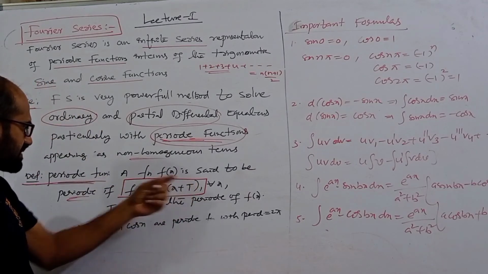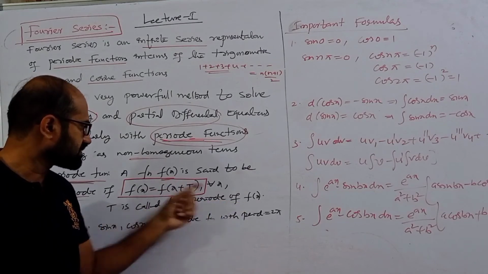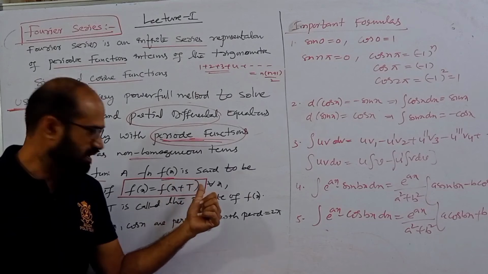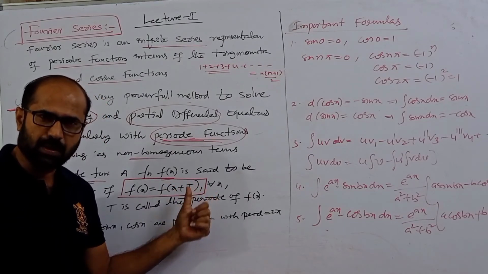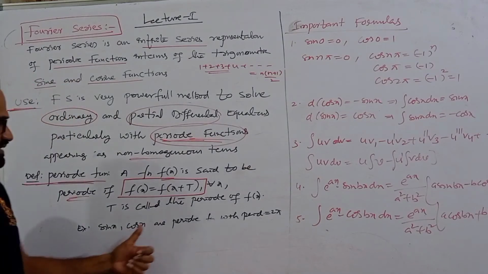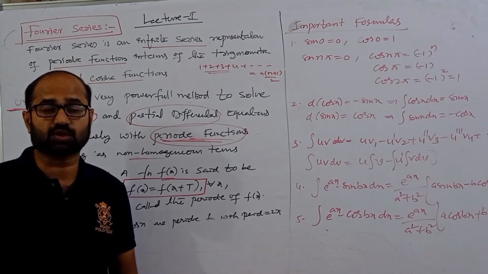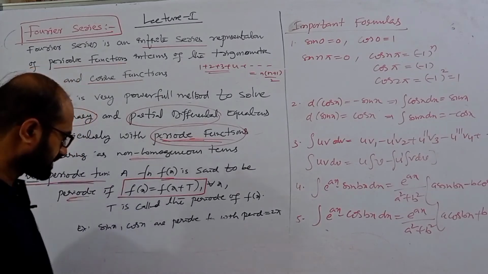Then this T, the least value of T, is called the period of this function f of x, right? If f of x equals f of x plus T, then T is called the period of this function f of x. For example, sin x and cos x are periodic functions with period 2 pi. Sin x is a periodic function with period 2 pi.